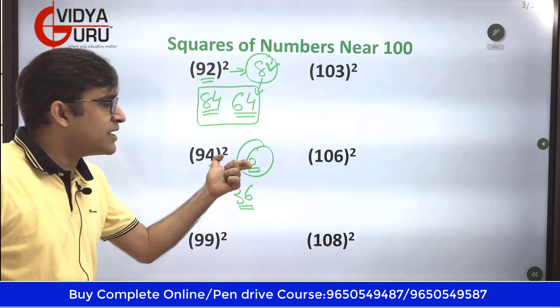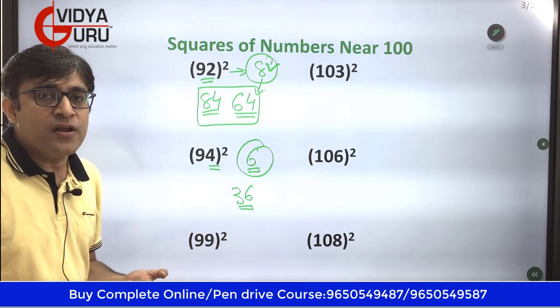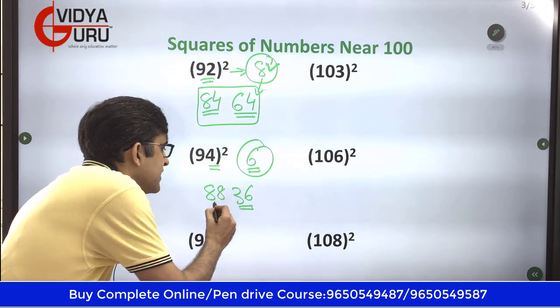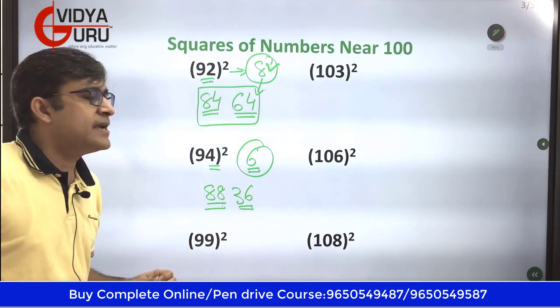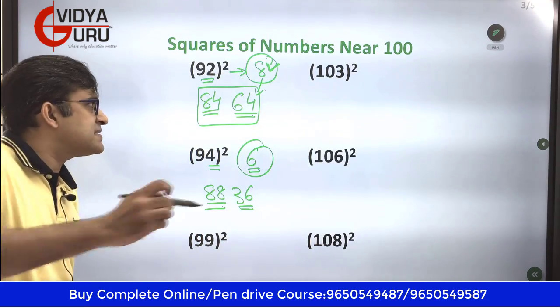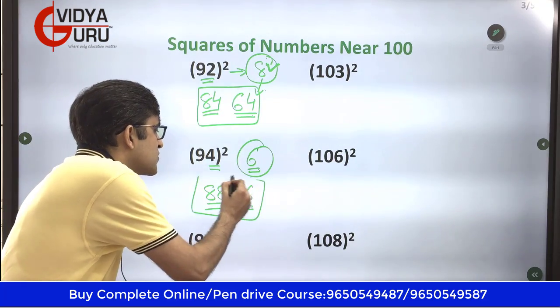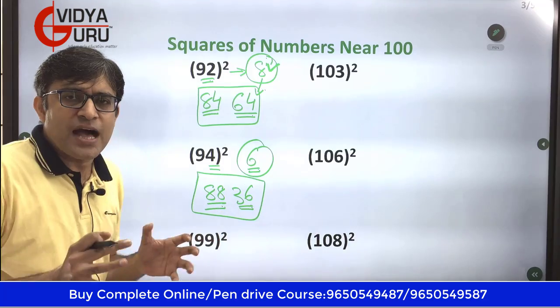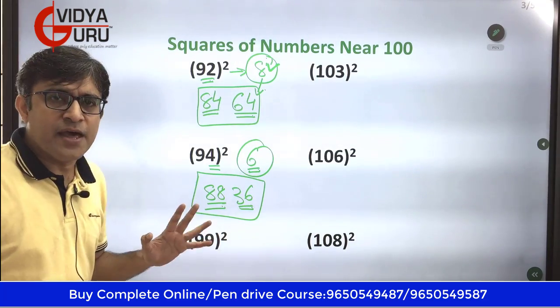When I do that, I'm left with 88. So 8836, that becomes the square. Isn't it simple? All you need to do is get into the habit of some practice and you're there.